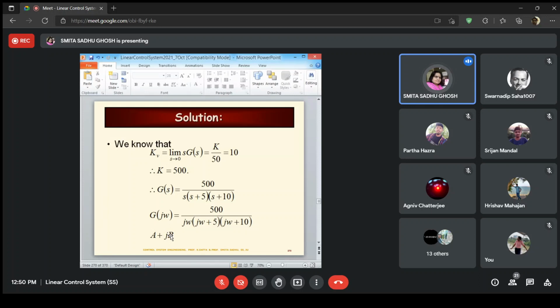What is the expression for phase from this? How much will it be? A plus jb. What is the contribution to phase from this? Tan inverse b by a.